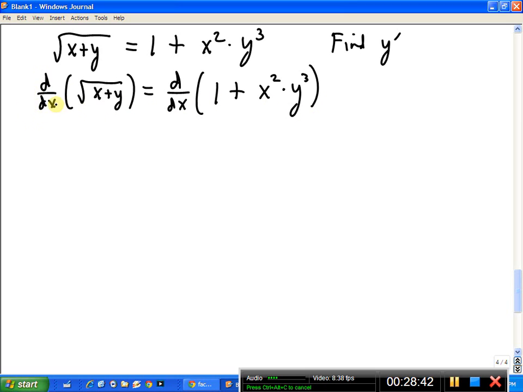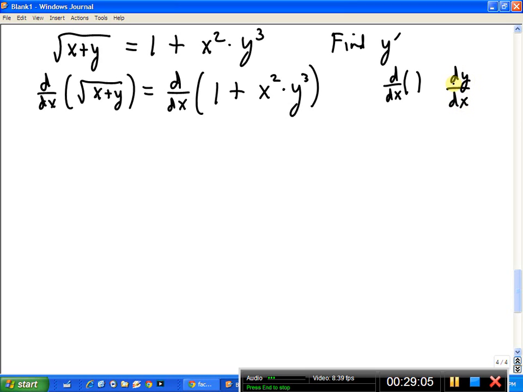And here is where it's very important that you know the difference between d over dx and dy dx. d over dx means the derivative with respect to x of. So you need an object. You need something to take the derivative of. dy dx means the derivative of y with respect to x.